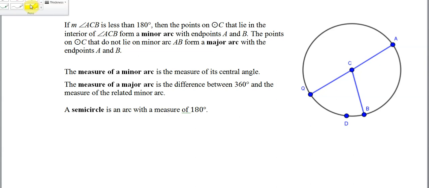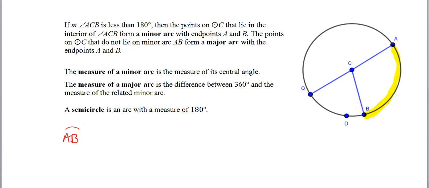So all of these points on the circle within that angle form an arc, and we can call that arc AB.